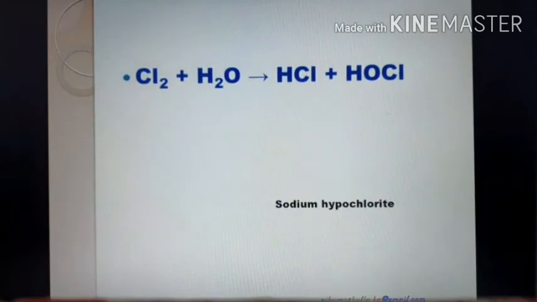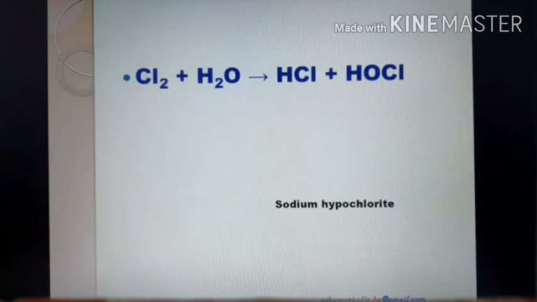Now, chlorine undergoes hydrolysis and gives two types of acid: hydrochloric acid and hypochlorous acid. Both the acids, HCl and HOCl, undergo reaction with alkali.